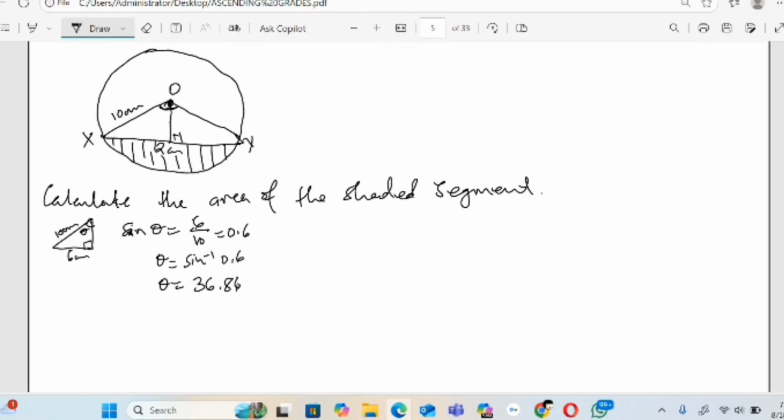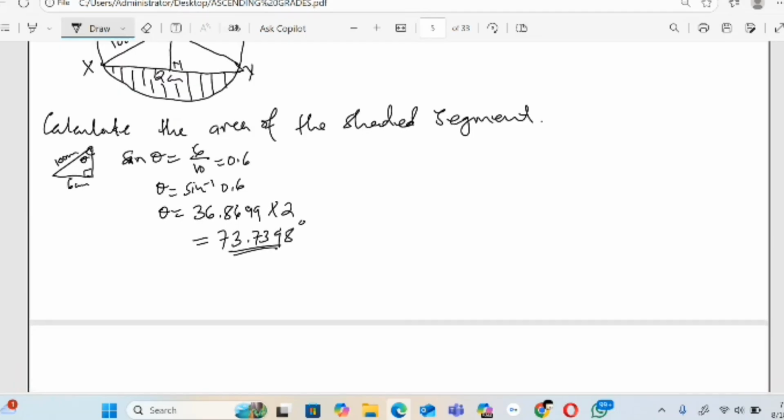Now remember, you have to multiply by 2 to give us the exact angle, which is angle x or y. So you multiply by 2, you get 73.7398 degrees. So now this is the angle that we are looking for.